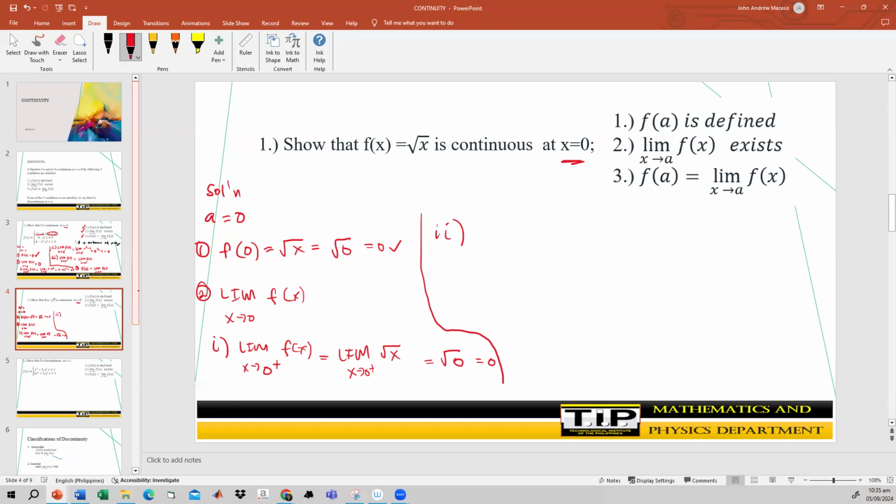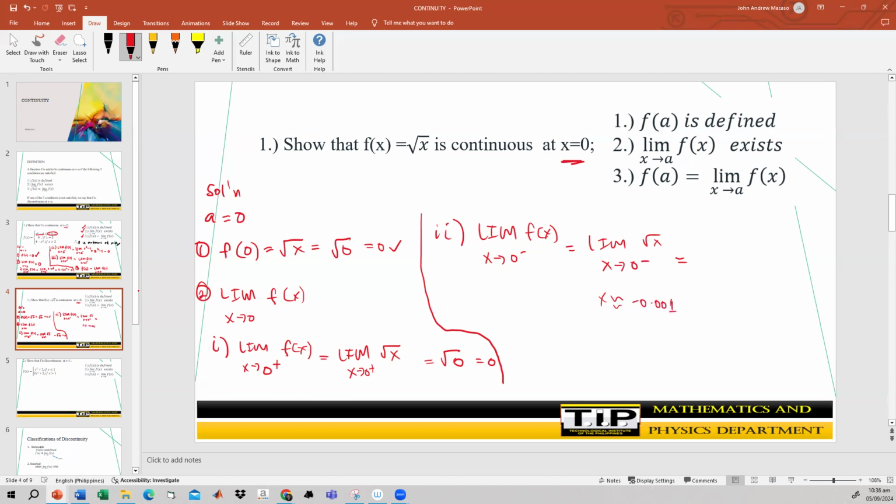So we want to write now the limit of the function as x approaches 0 from the left. This will become the limit of the square root of x as x approaches 0 from the left. So what will happen? As you can see here, class, since x approaches 0 from the left, you can think of a number that is closer to 0 and at the same time less than 0. Basically, we can have the approximation negative 0.001.